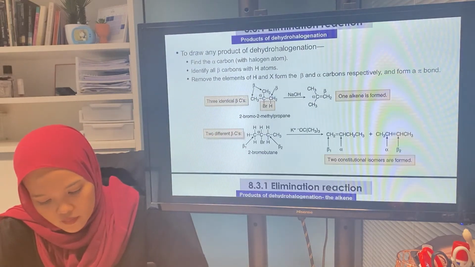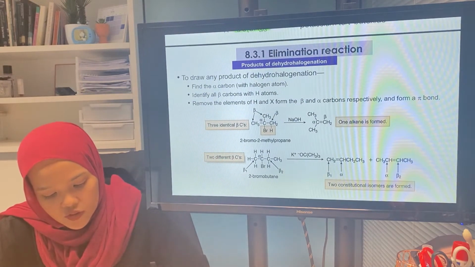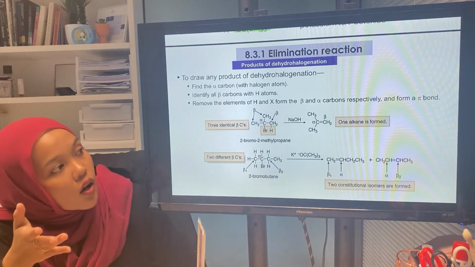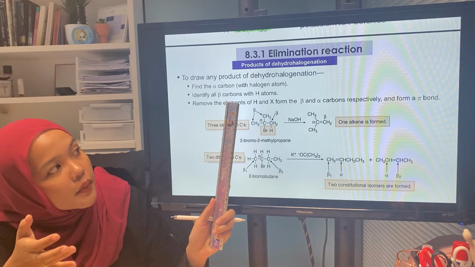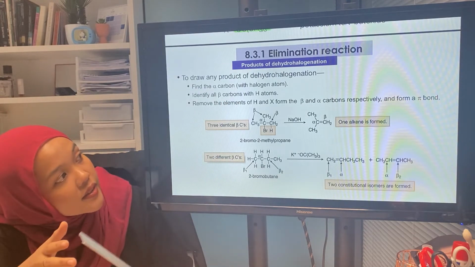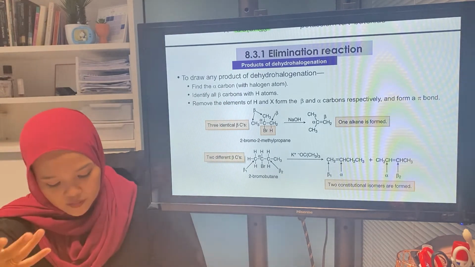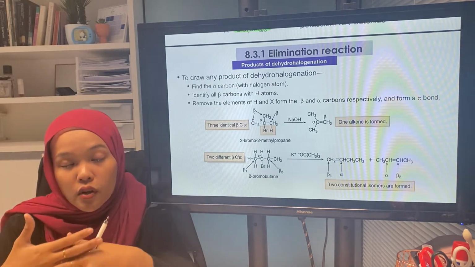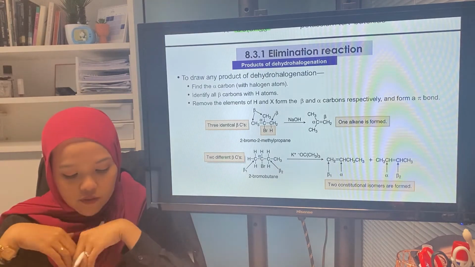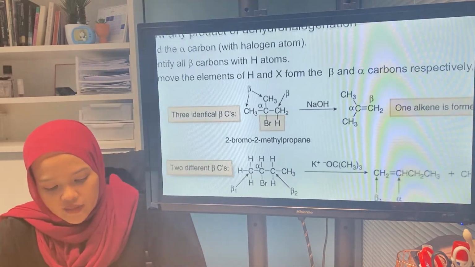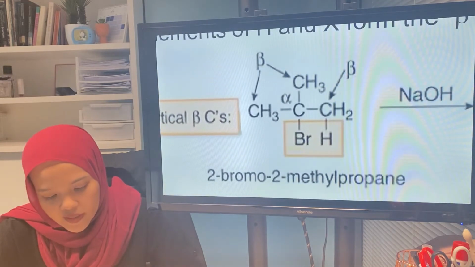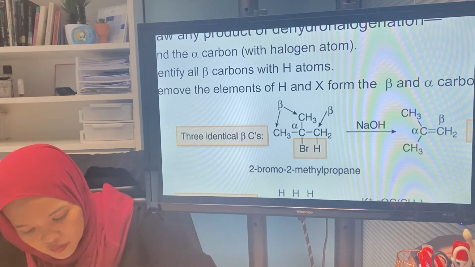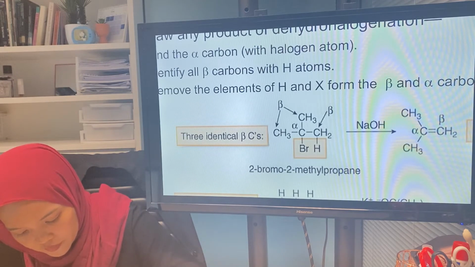To draw any product of dehydrohalogenation, as I just taught you, you need to find the alpha carbon, identify the beta carbons, and remove the elements. But you can produce constitutional isomers or different types of alkenes. Look at this.